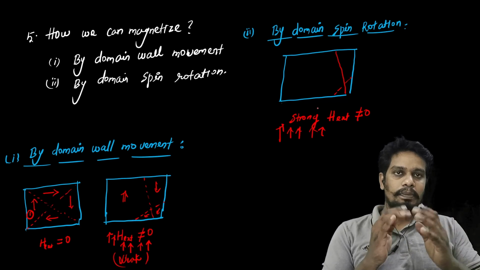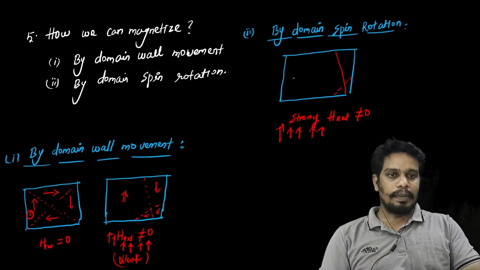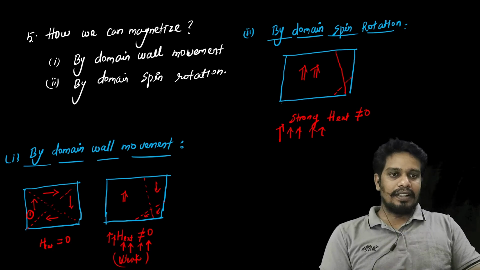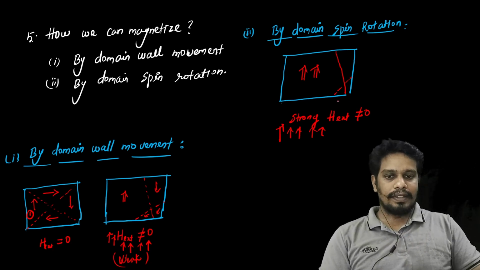What it will do is that the parallel spin domain will grow stronger as well as larger. The other spins will try to rotate along the external magnetic field.